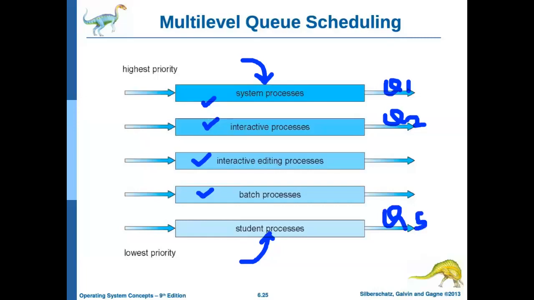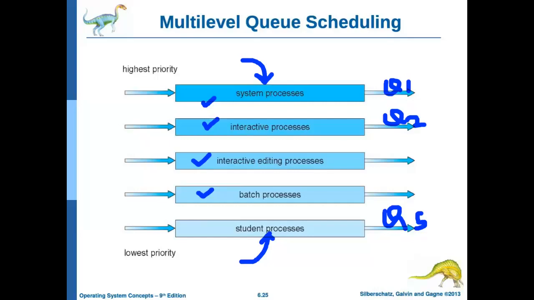Now how to schedule it? As I mentioned, there are 2 ways: one is within the queue and one is between the queues. For system processes, let me open a quick poll.